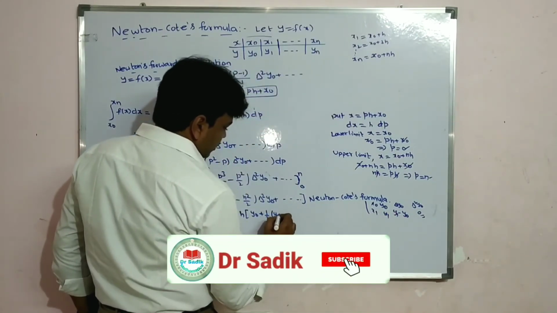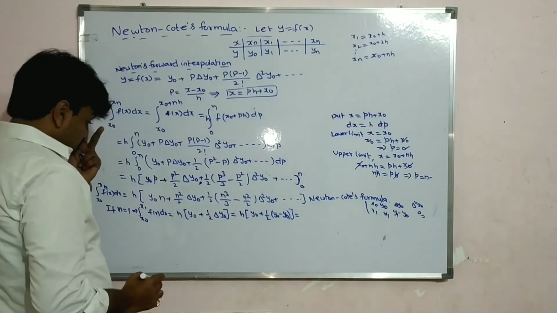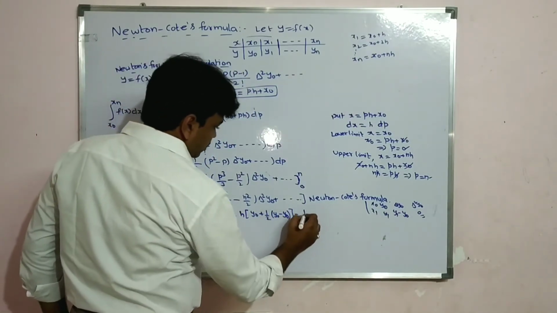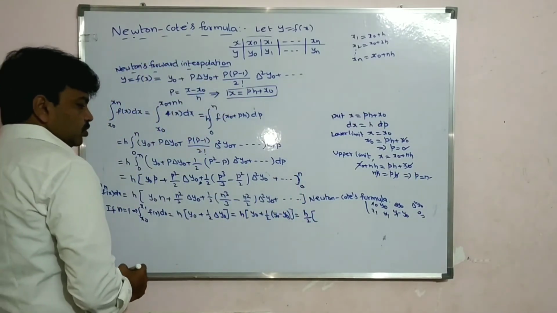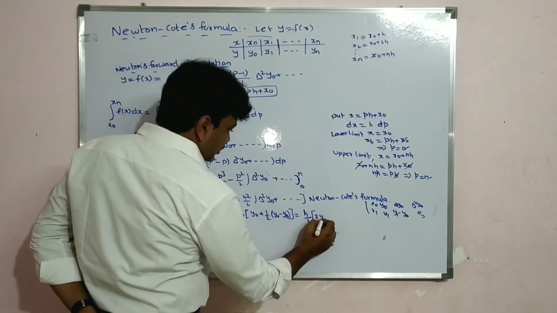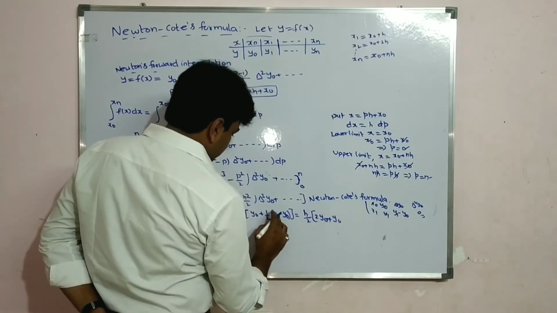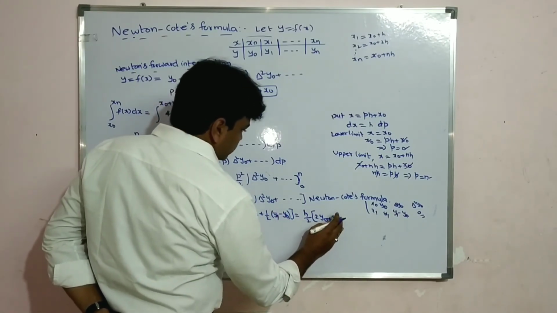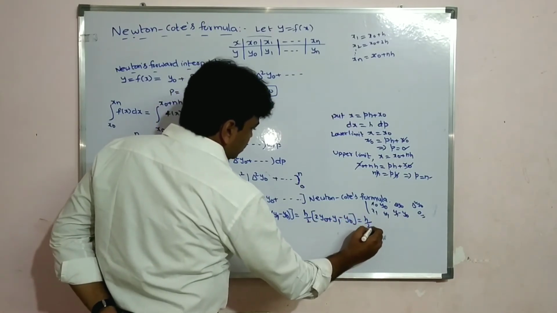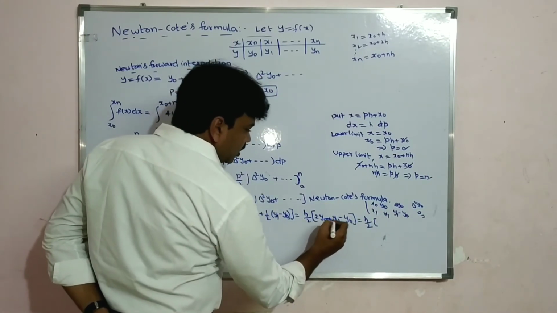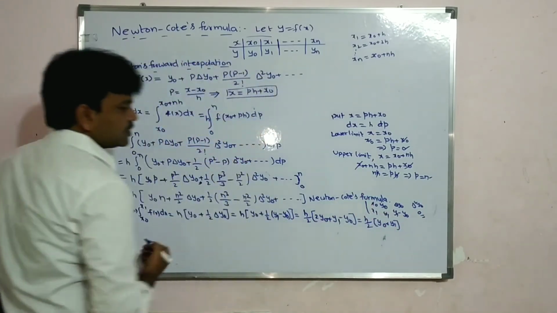Taking 1 by 2 common, we get h by 2 into 2 y naught plus y1 minus y naught, so y naught plus y1.